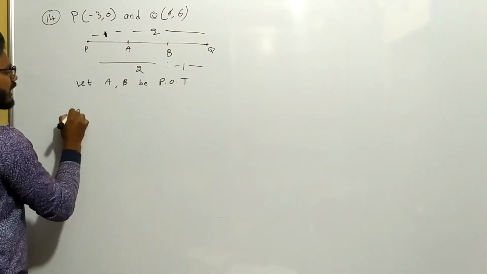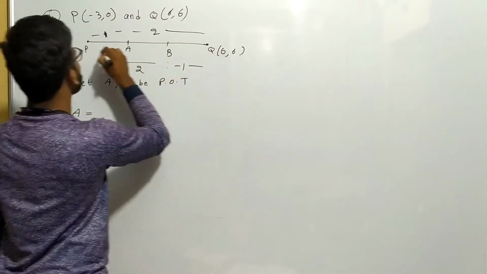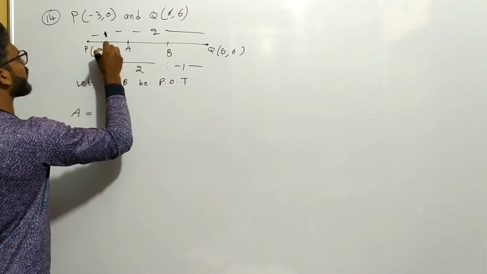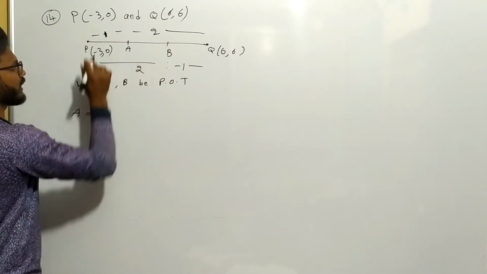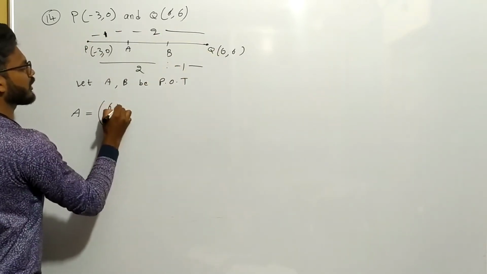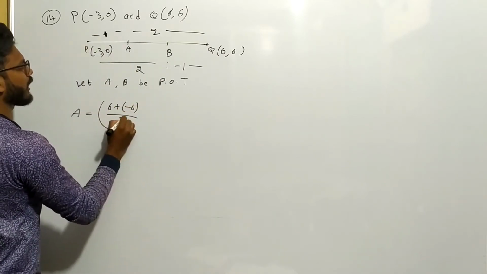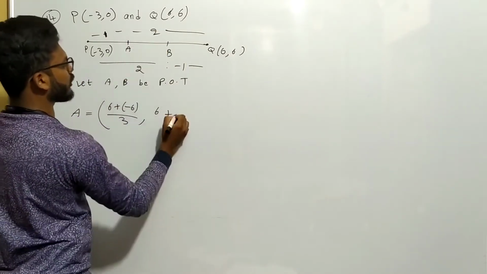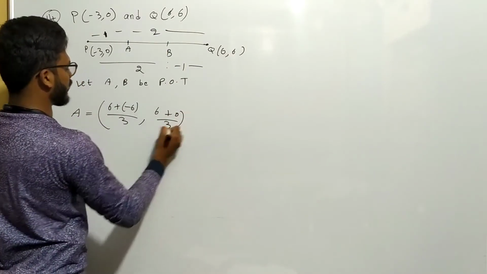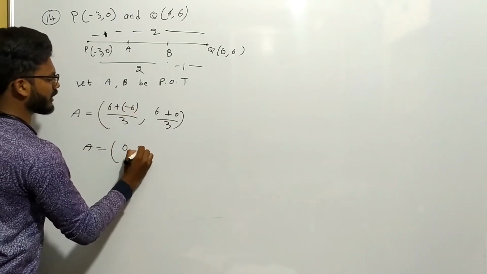Then, here you have to write the coordinates: P(-3, 0) and Q(6, 6). Then A divides in the ratio 1:2. That implies (mx2 + nx1)/(m + n), comma, (1 into 6 + 2 into 0)/(m + n), nothing but A equal to (0, 6/3 which is 2).